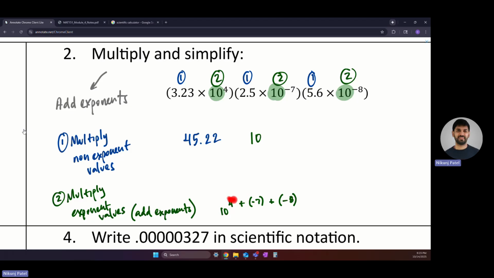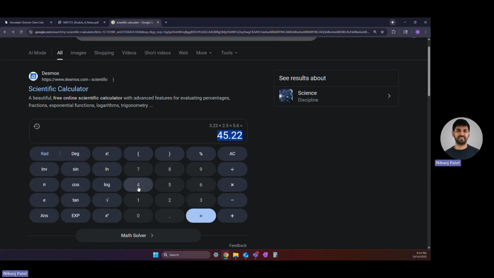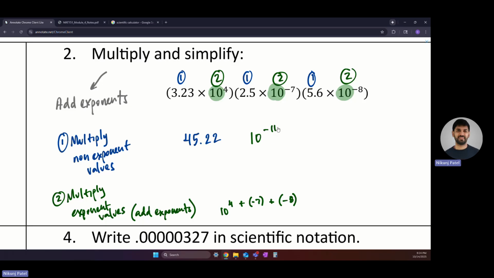You're combining all three of these, and you should get a value of -11. You can do that in your calculator in different ways, but I would do 4 minus 7 minus 8, right? And there is your -11. That's where that -11 came from.